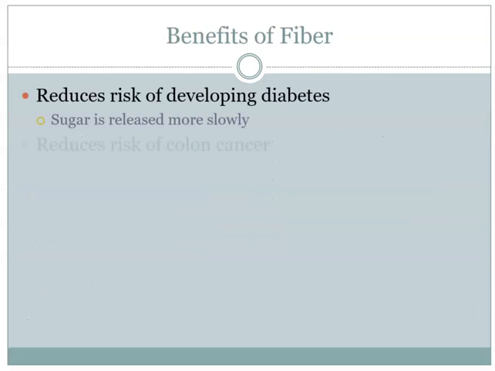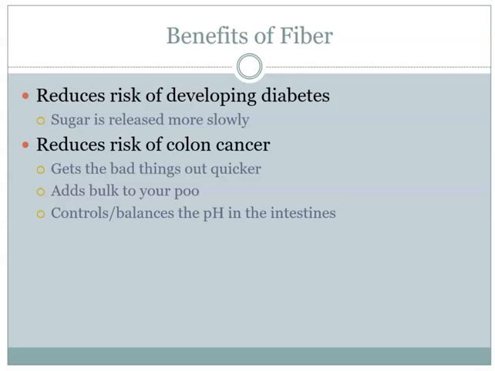So benefits of fiber. So reducing risk of colon cancer, getting things out quicker, adding bulk to our stool so we're not causing inflammation in our passageway as it's getting out. It's getting out in an easier way.